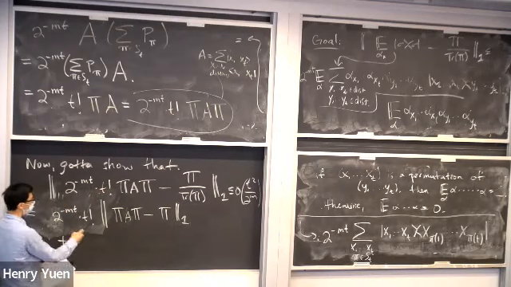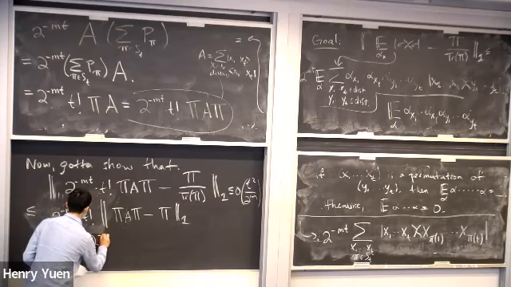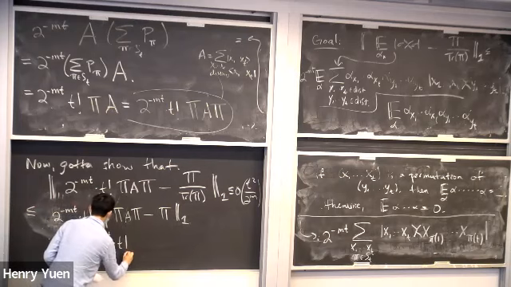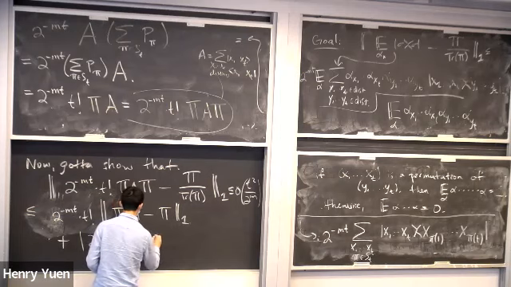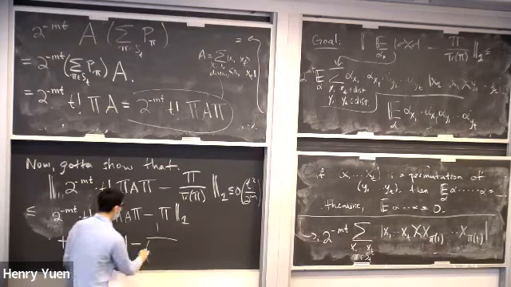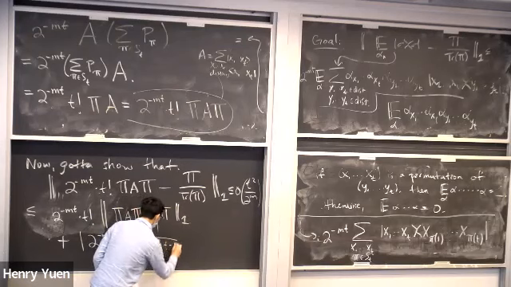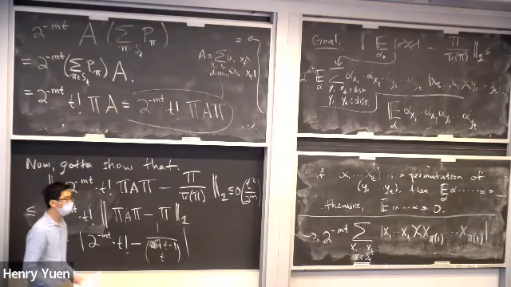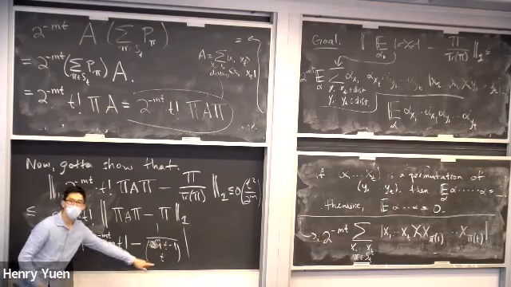And then we ask, how much was that difference? That's going to be 2 to the minus mt times t factorial minus 1 divided by, and we had this formula for trace of pi, which is m plus 2 to the m plus t minus 1, choose t. A homework exercise is that these 2 numbers are very, very close.